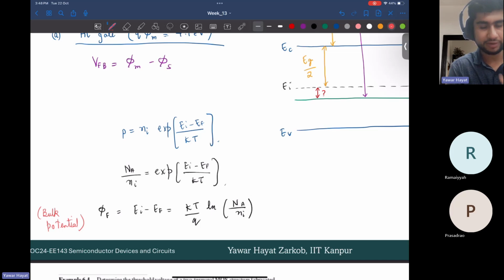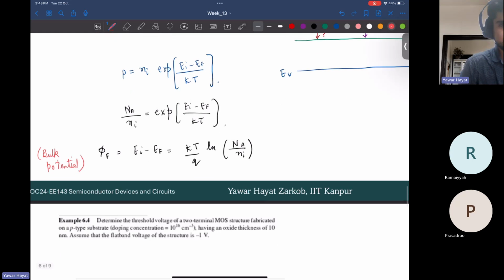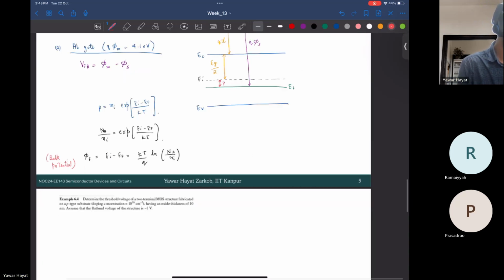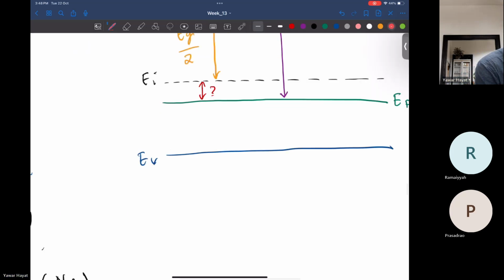Difference between intrinsic and Fermi level. EI minus EF, an important quantity. So you can just memorize this formula as well: kT by q ln of Na by Ni, because that would save you some time. Once you know that, you can obtain phi f. So this is nothing but Q phi f, right?